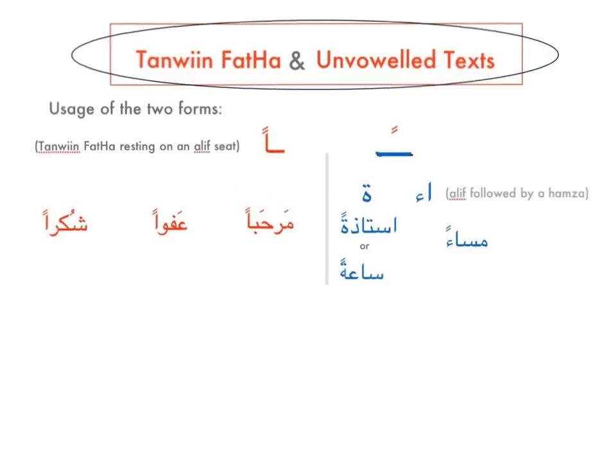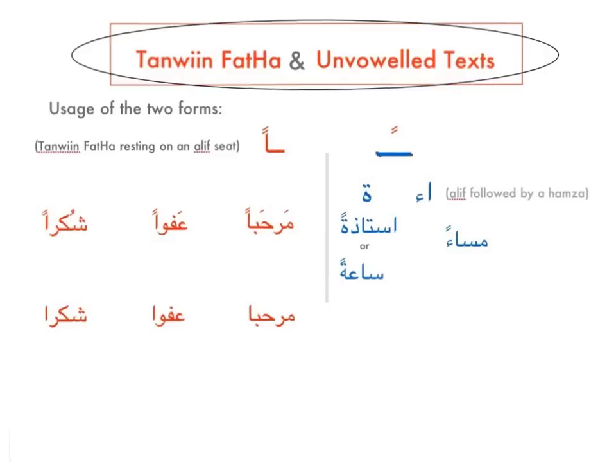And if it's followed by a hamza or ta marbuta, then the tanween can rest on the last letter. Masa'an doesn't need an alif, and ustadatan, of course, doesn't need an alif. The tanween rests on ta marbuta.